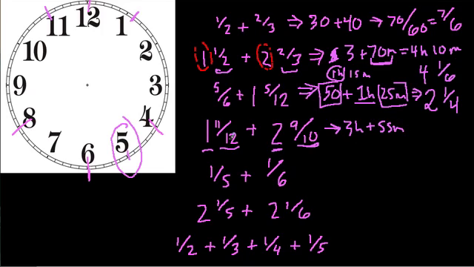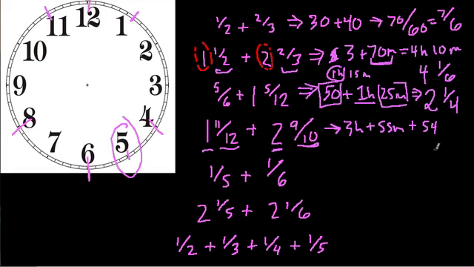So we have 3 hours plus 55 minutes, from the 11/12, plus another chunk of minutes. Oh, that's wrong. Not 45. As I just said, 1/10 of an hour is 6 minutes, so 9/10 should be 9 times 6 minutes, or 54 minutes.